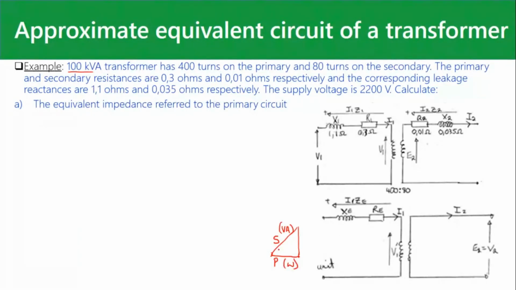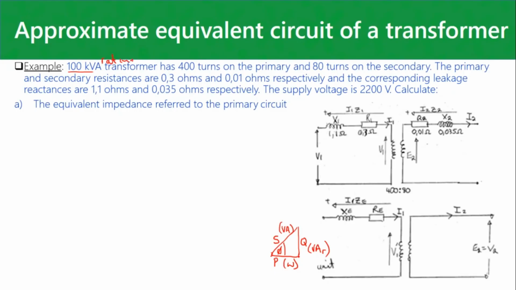There's a phase angle. And here is Q, the reactive power in VAr. So your apparent power is what your transformer is always rated in. This is the transformer rating.